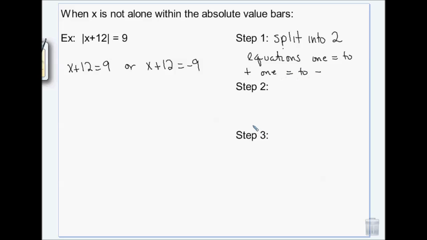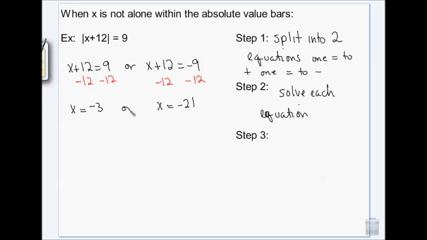One equal to a positive and one equal to a negative. Step 2 is to solve each equation. We're going to subtract 12 from both sides, on both equations. So x equals -3 or -21.